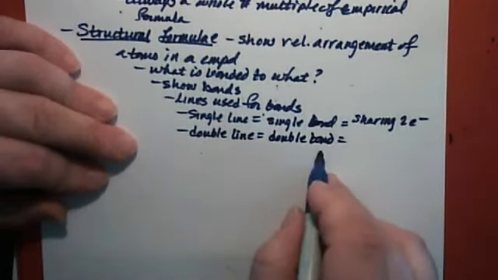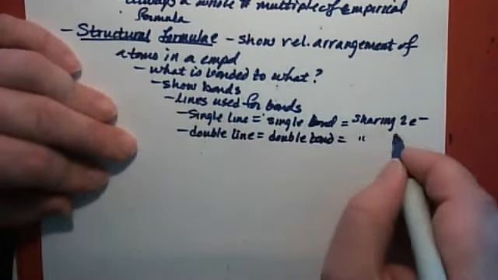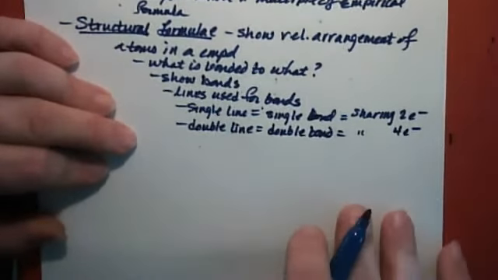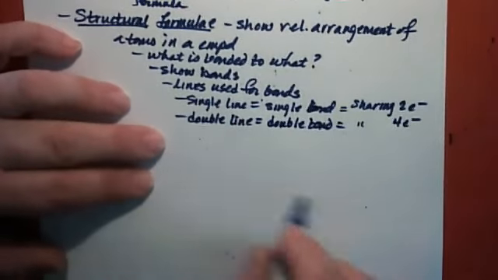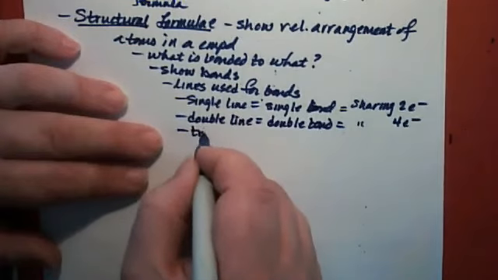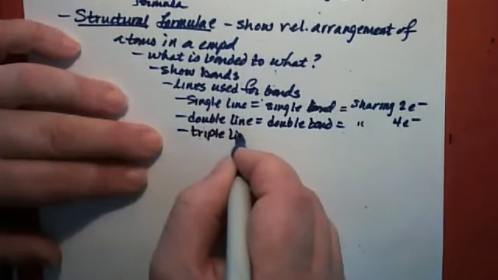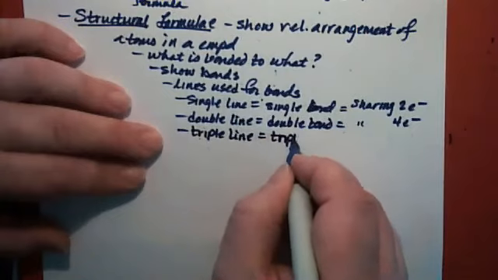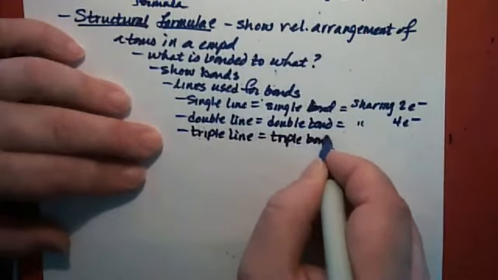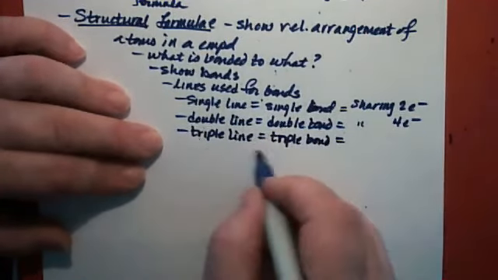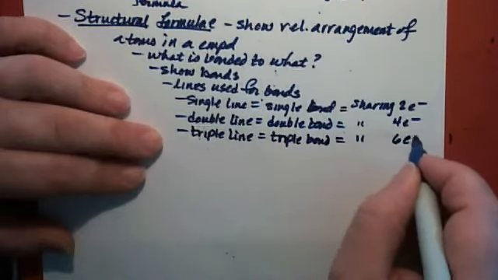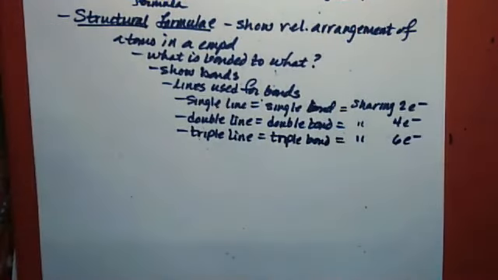And a double line represents a double bond. And what that means is that the 2 atoms are sharing a total of 4 electrons. And you can have a triple bond too. A triple line represents a triple bond, and that means that the two atoms are sharing a total of 3 pairs of electrons.